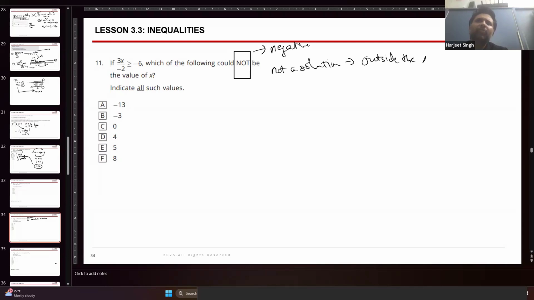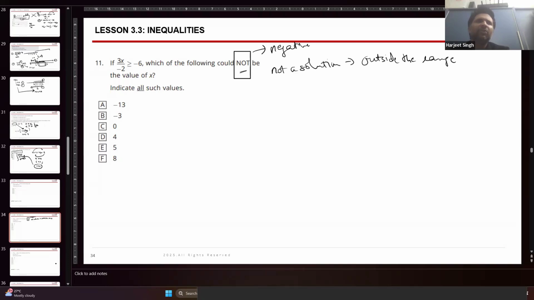So always properly read the question. This is a common mistake which many make. They solve the inequality correctly and mark the choices in the range, but actually it's a negative problem, which is not a value of x, which means outside the range of the solutions.